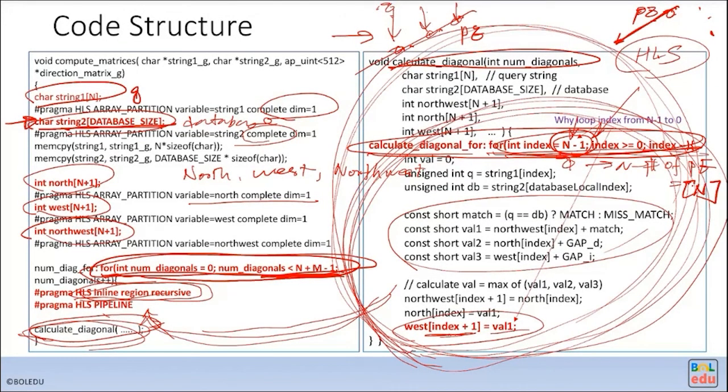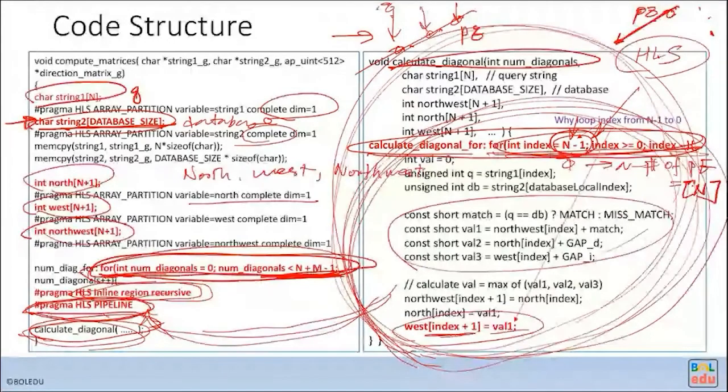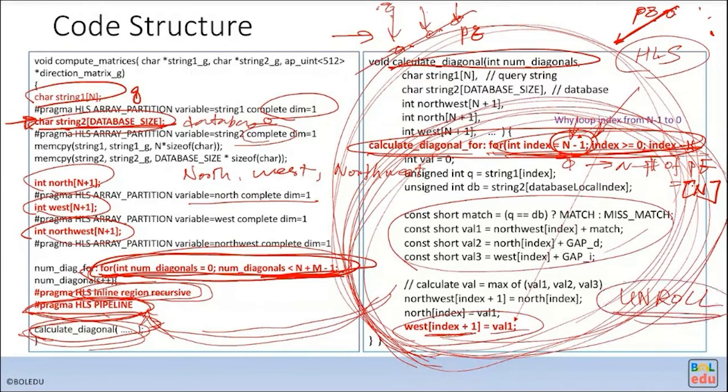And then you put the pipeline here, so this pipeline is outside this for loop. That means this for loop will be unrolled, so you will have N PEs.